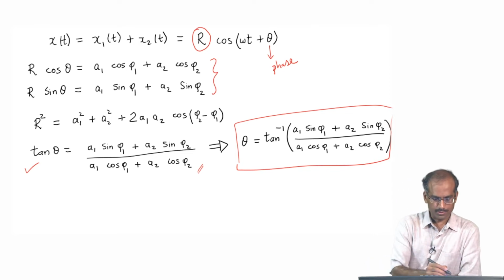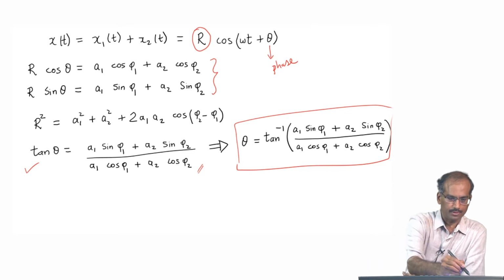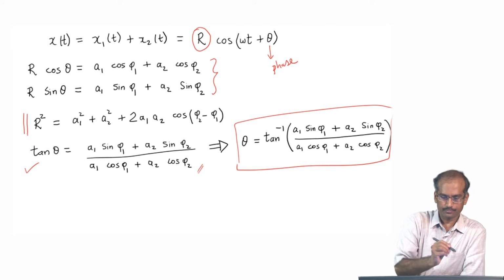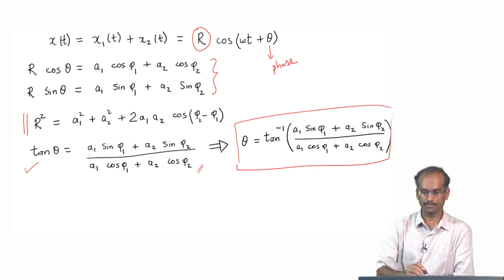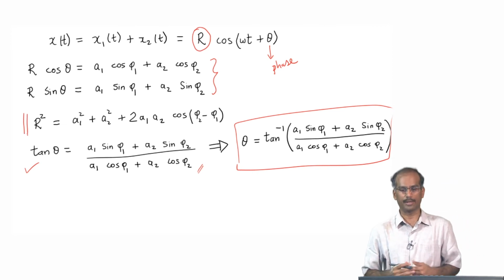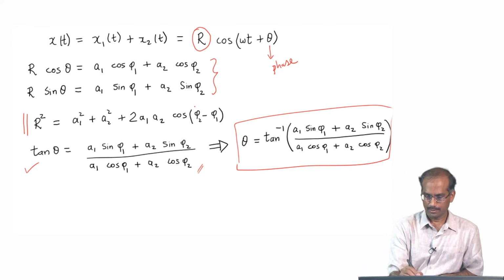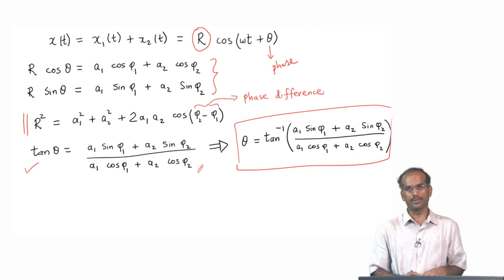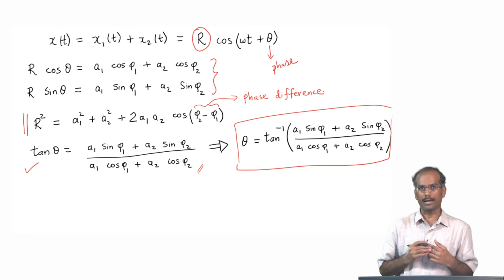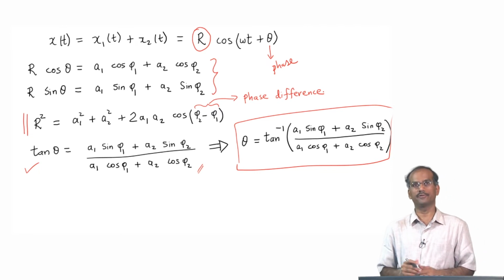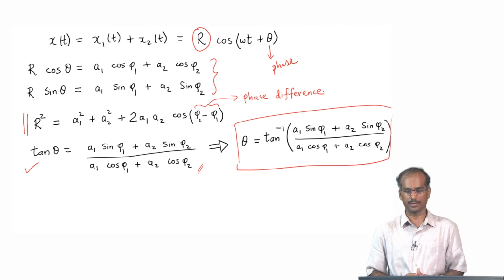And if you notice in this expression for r square, there is a term phi 2 minus phi 1, which is simply the phase difference between the two oscillators. So, the new amplitude r is going to depend on the phase difference between these two oscillators.